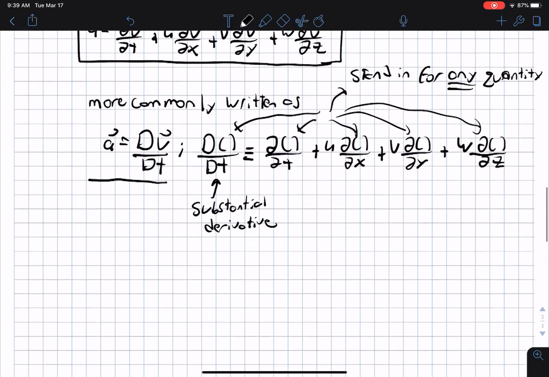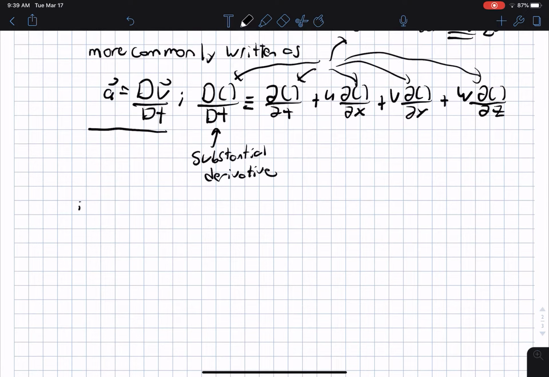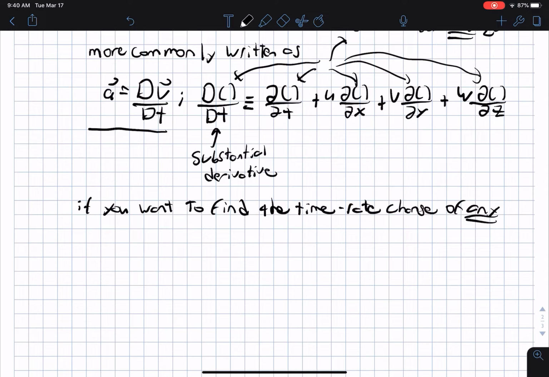So for instance, if you want to find the time rate change of any quantity on the fluid particle, you simply use the substantial derivative acting on that property.